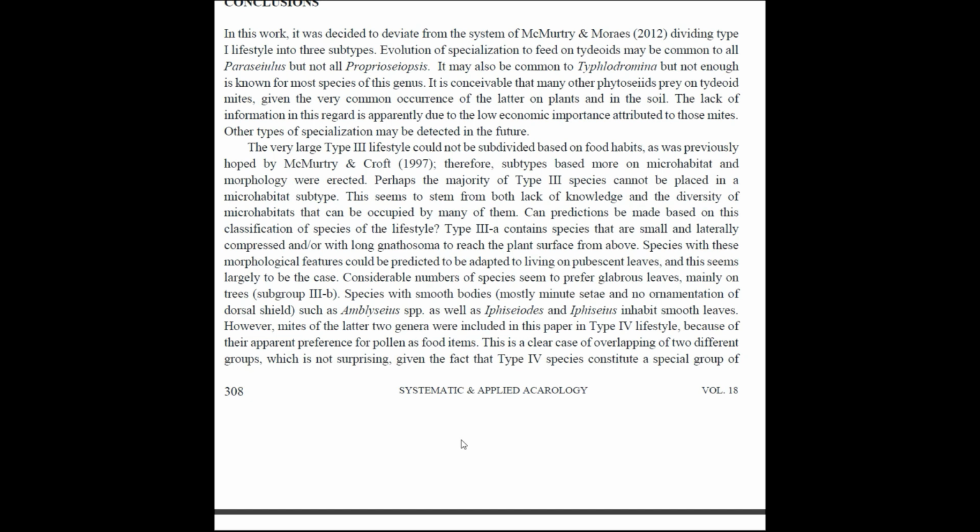Type 1 are mites that will go after Tetranychus, your two-spotted spider mite, your McDaniel mite, your red tomato spider mite. These are all mites that these species will be good at taking care of.